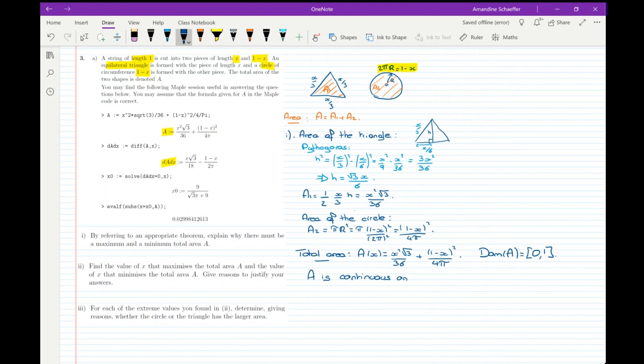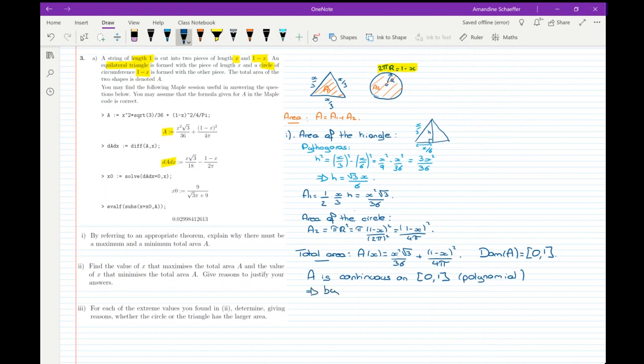Okay. So A is continuous on the closed interval [0, 1] because it's continuous everywhere, because it's a polynomial. Which means that we can use the maximum minimum theorem.